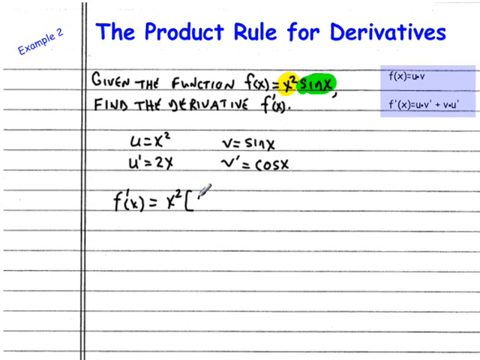So I show my derivative, as I mentioned earlier, in brackets. And then I add to that just the reverse. The second function, which is sine of x, times the derivative of the first function. Well, my first function is x squared, and its derivative is 2x.